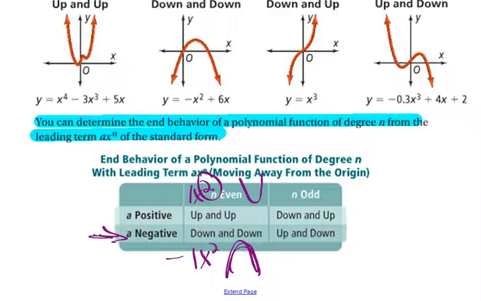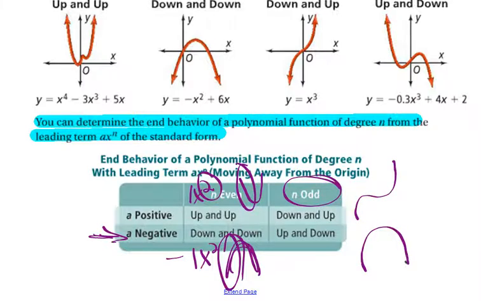Now what happens when our power becomes odd? When it's odd, it's going to flip the left end behavior. So it's going to flip this down. And for this one, if n is odd, it's going to flip this first term the other way, up. So it becomes an up, down. And for a positive a, it's down, up. So just remember to flip.